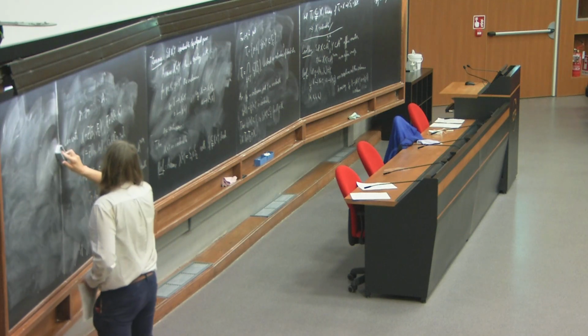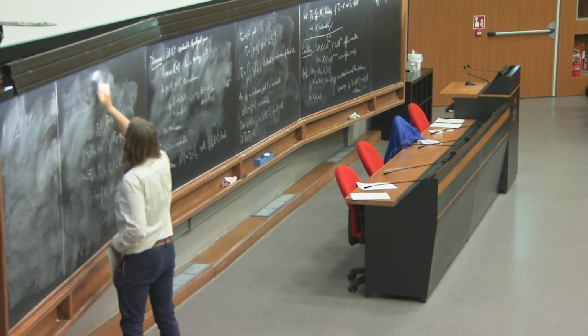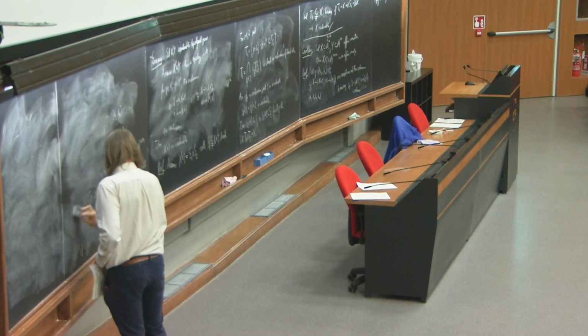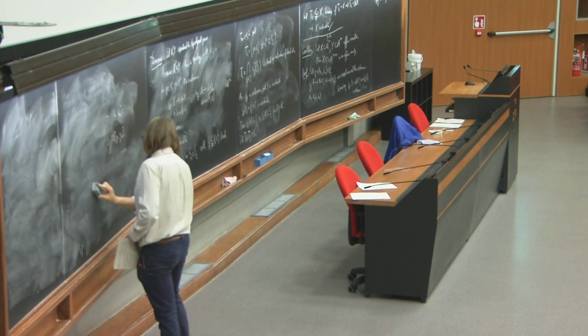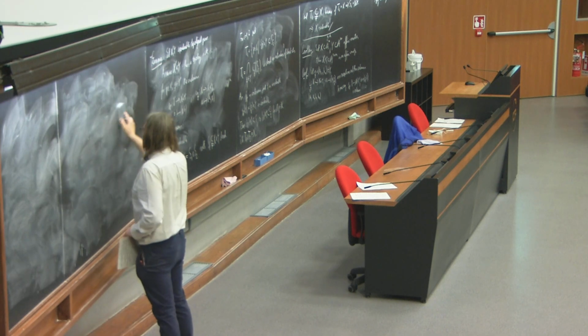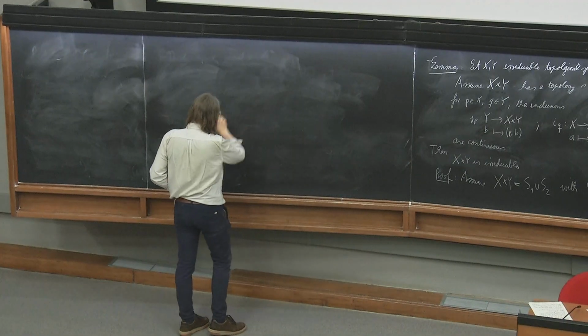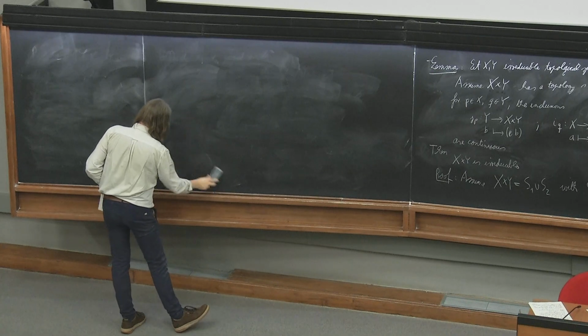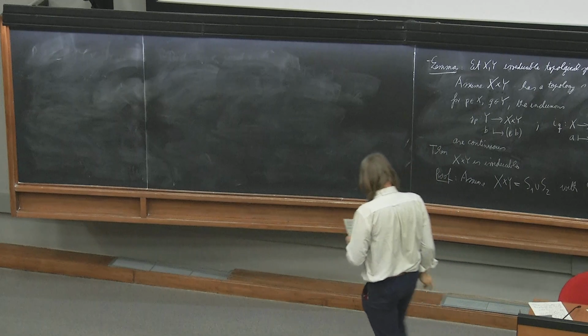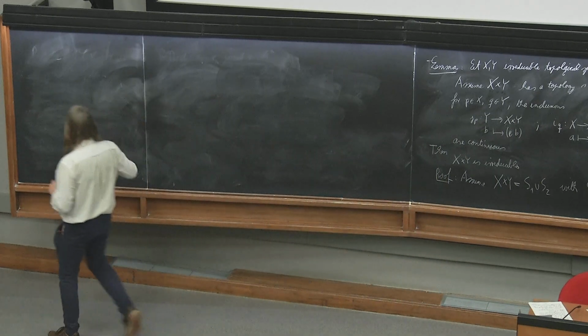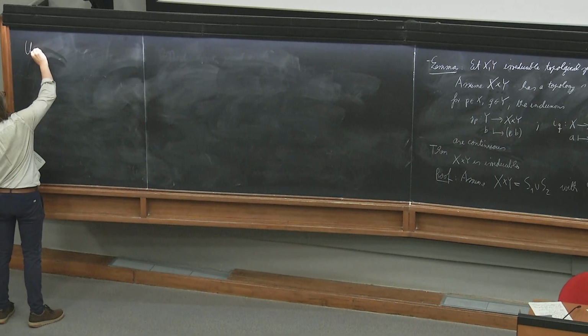And in some sense, this universal property is what makes the product the product. Because in some sense, things are determined by how they behave under morphisms. And so if I know the morphisms to the product, in some sense, I know everything that there is to know about the product. And so in this case, we have the universal property.